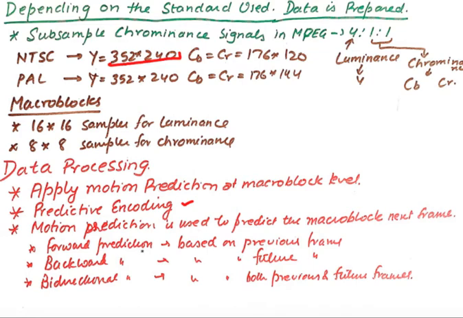So if the prediction is based on the previous frame, it is known as forward prediction. If the prediction is based on a future frame, it is known as backward prediction, and if it is dependent upon both previous and future frames, then it is known as bidirectional prediction.